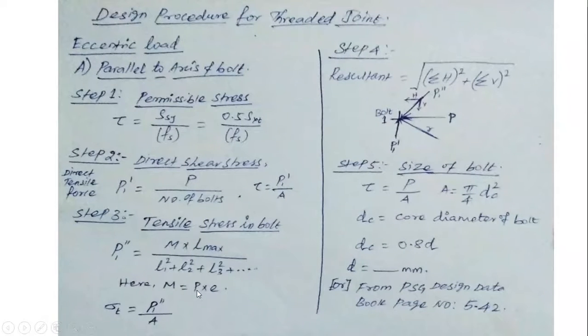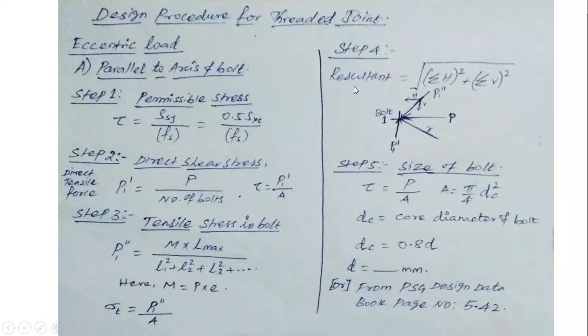M equals P into E, where E is the distance from the center of gravity point G to the load acting point. Through this formula, we will find P1 double dash. After that, tensile stress equal to P1 double dash divided by area. Here also the area is pi by 4 dc square, where dc is the core diameter.